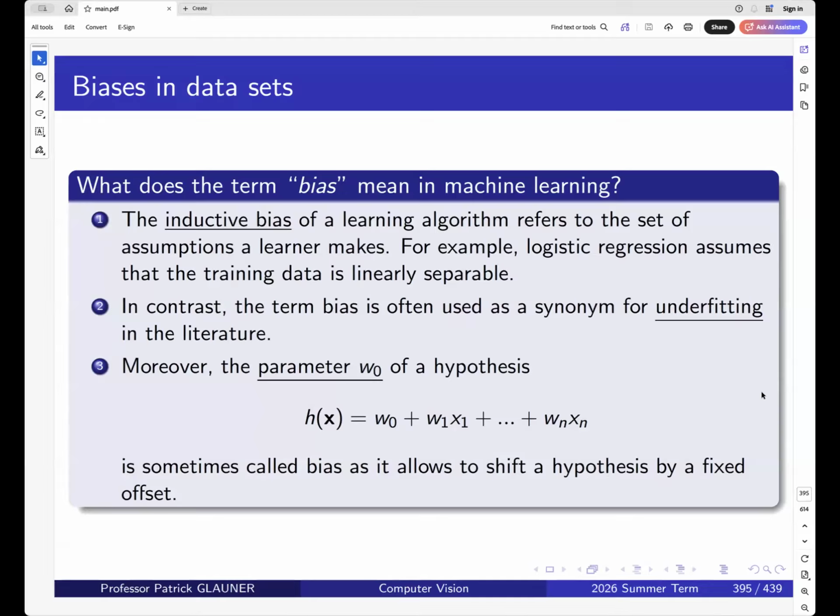So who of you has seen all of these three things before? The inductive bias, bias as a synonym for underfitting, or for this y-intercept. If you have seen all three, or if you have seen all of them before in some context, maybe thumbs up.